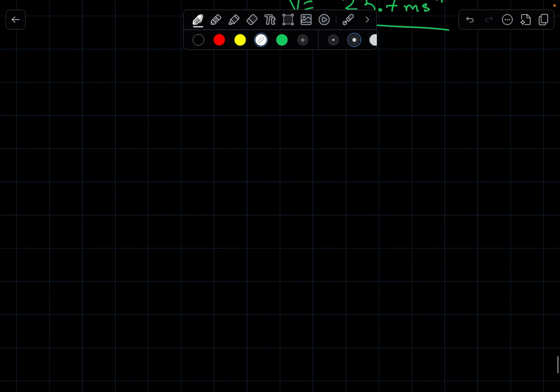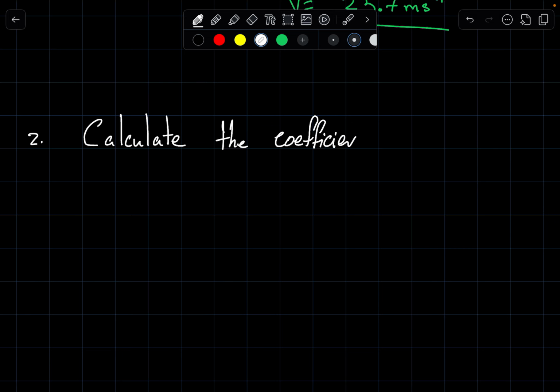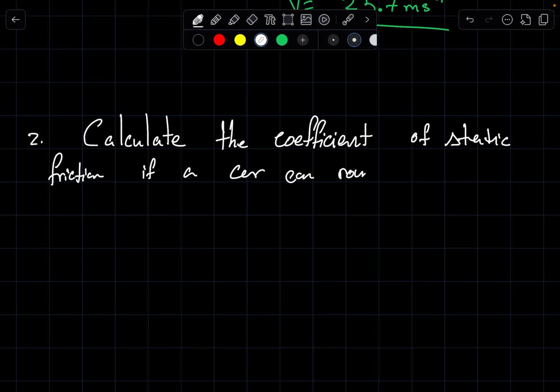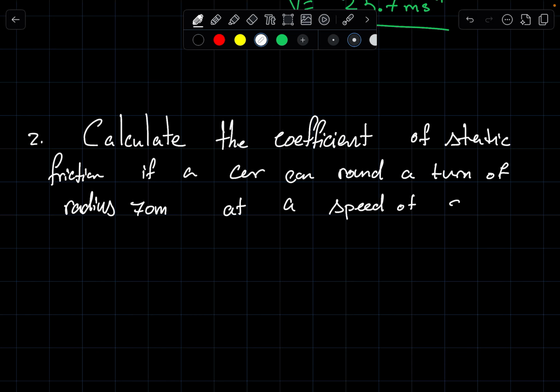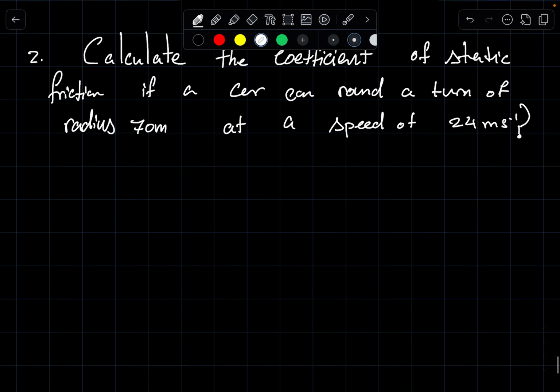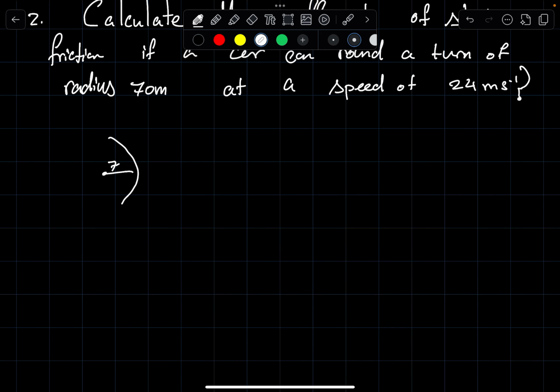So, our second question: calculate the coefficient of static friction if a car can round a turn of radius 70 meters at a speed of 24 meters per second. So there's a turn, radius is 70 meters.